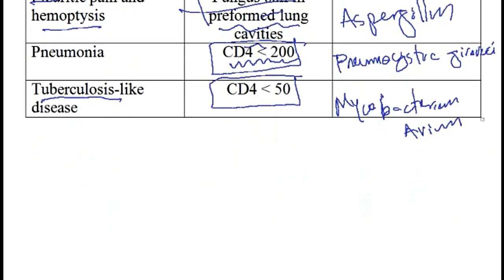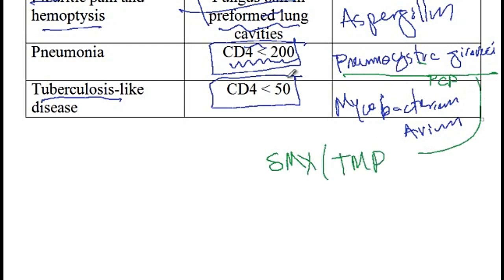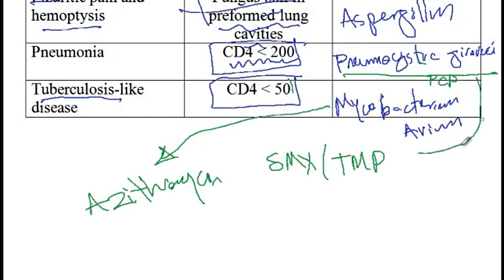So there are prophylactic treatments for these infections. For Pneumocystis jirovecii, the other name for it is Pneumocystis pneumonia, or PCP, you will have to use sulfamethoxazole trimethoprim. And for patients that have a CD4 count of less than 50, you also have to add azithromycin to protect against Mycobacterium avium.